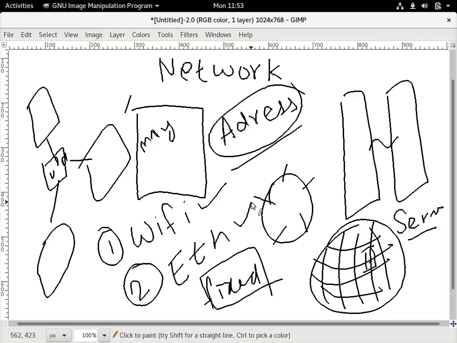So this is what I want to make you understand about networks. Very basic things. This is not about how IP addresses are calculated. It's more about understanding your interfaces.